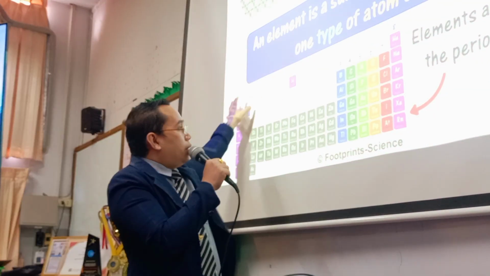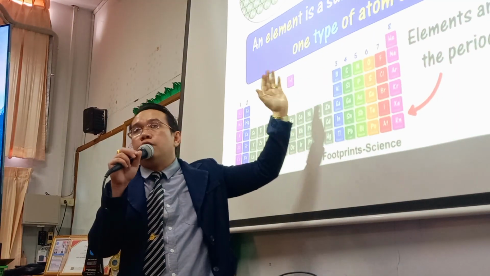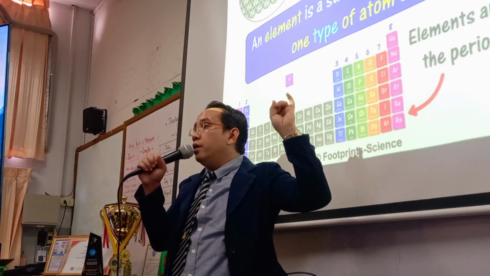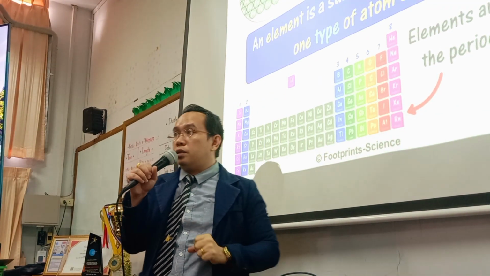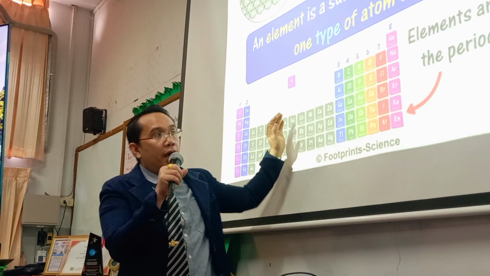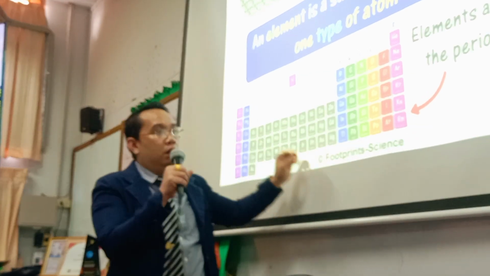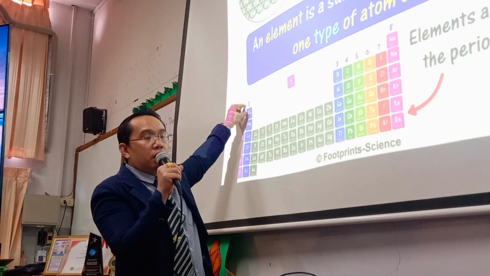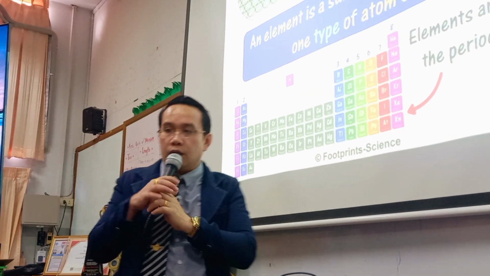It is always arranged according to the physical properties of elements, either metals, non-metals, and metalloids. You understand? That is why elements are always listed in the periodic table, each with its own designated block.